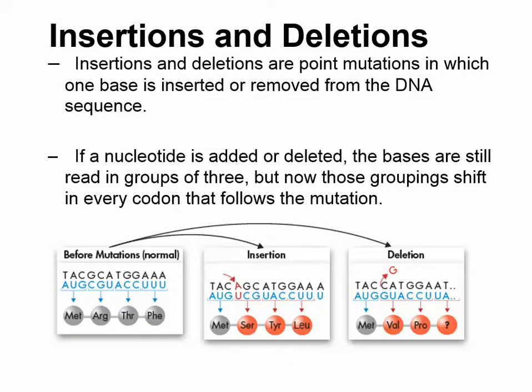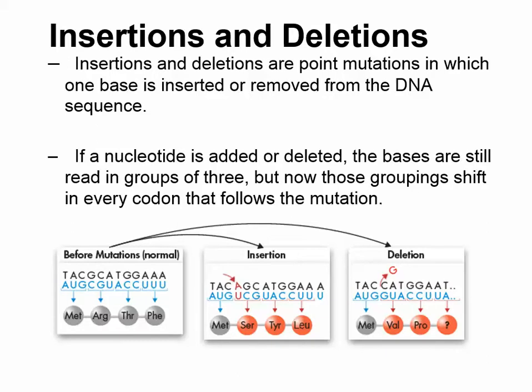Now, with insertions and deletions, they're basically opposites. Insertion is where you have a nucleotide that is added, and deletion is where one is deleted. So in this case, the bases are still read in groups of 3, but now you have a frame shift, or a shift in every codon that follows the mutation.